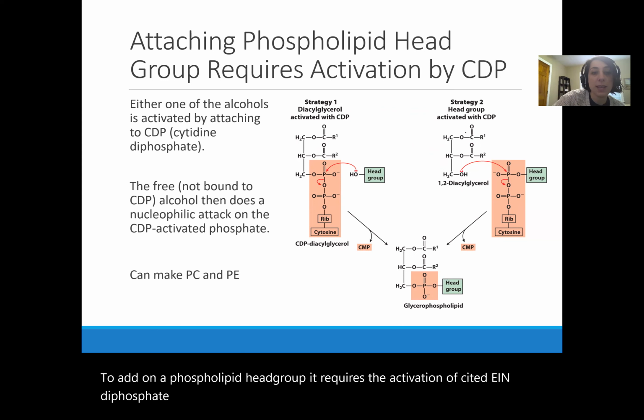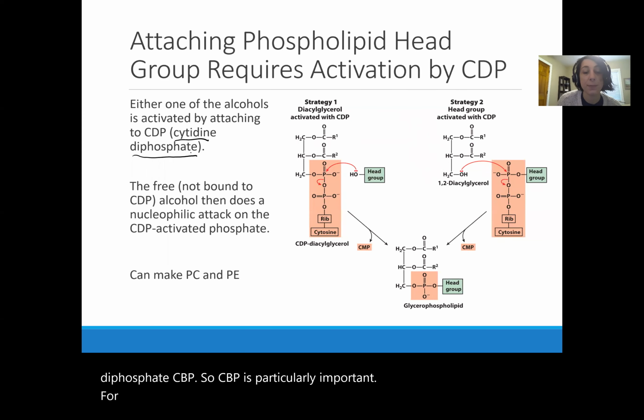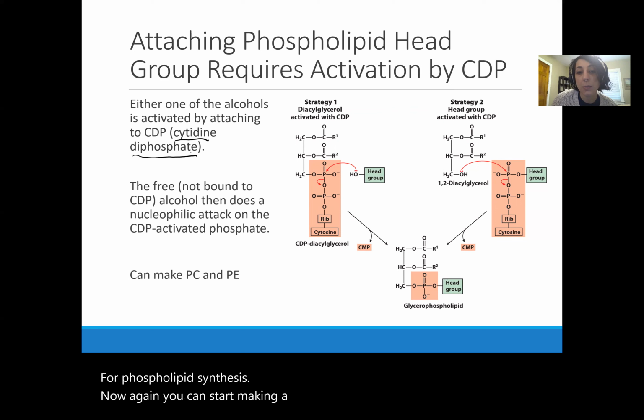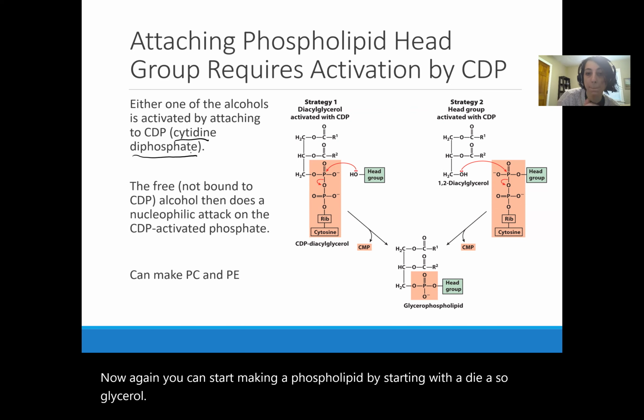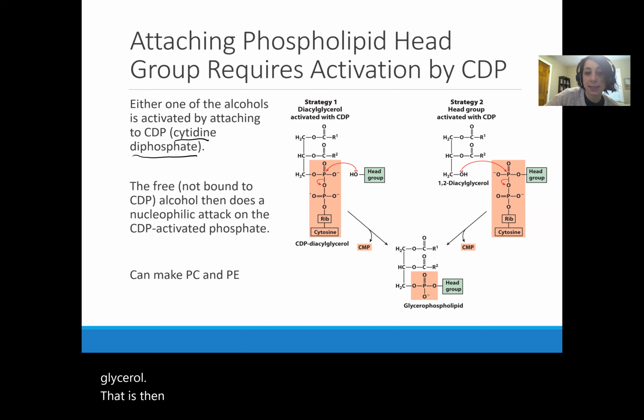So CDP is particularly important for phospholipid synthesis. Now again, you can start making a phospholipid by starting with a diacylglycerol that is then activated by cytidine diphosphate, CDP, and attaching a head group to it.